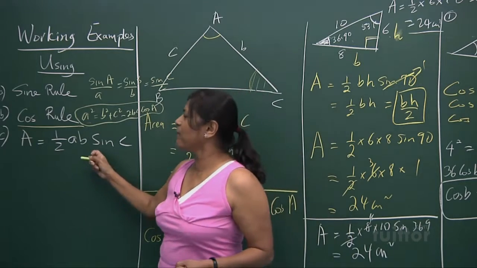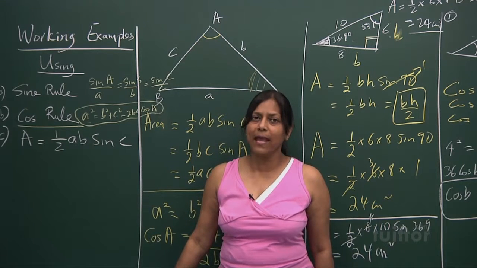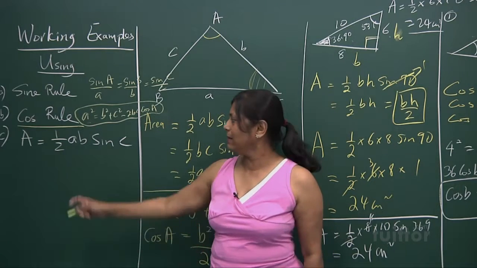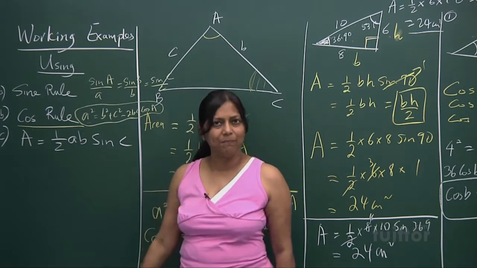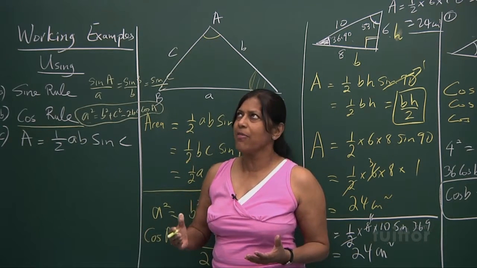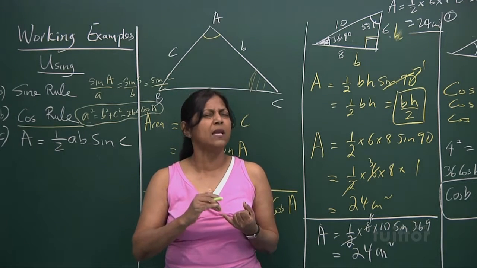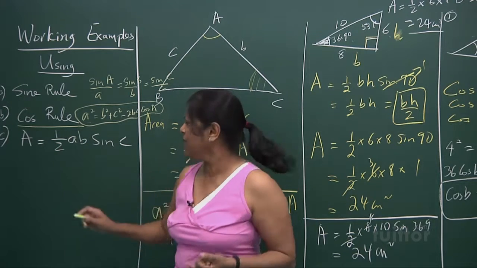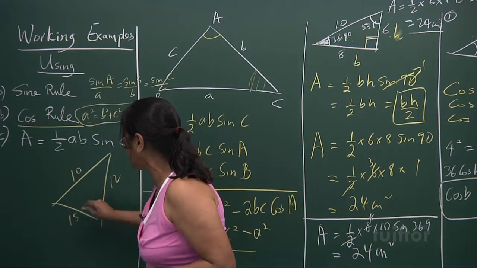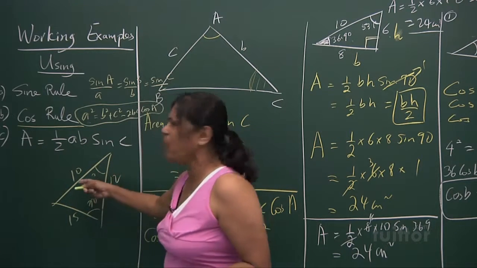Alright, and then this very powerful formula of an area of a triangle, which is half AB sine C. That angle is the included angle between these two sides, A and B. So it's so important to know what the formula looks like, rather than just saying area of triangle half AB sine C. And when you're given a triangle like that, and if this is 10, this is 12, this is 15, and you said, hey, this is 40 degrees, and this is 70 degrees, you wouldn't know what to do.